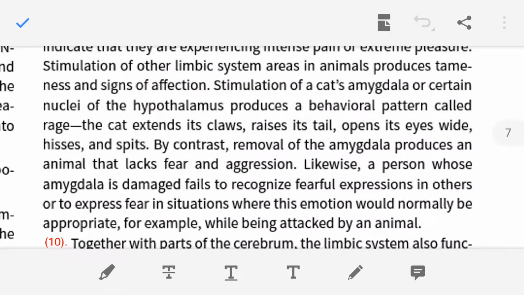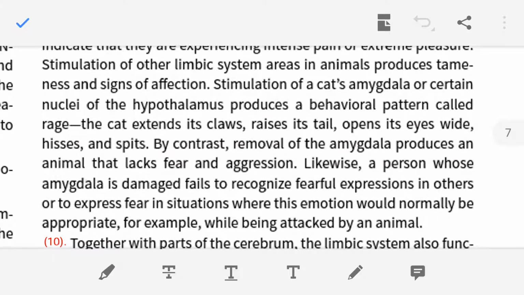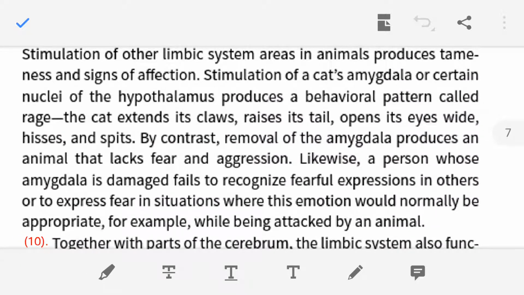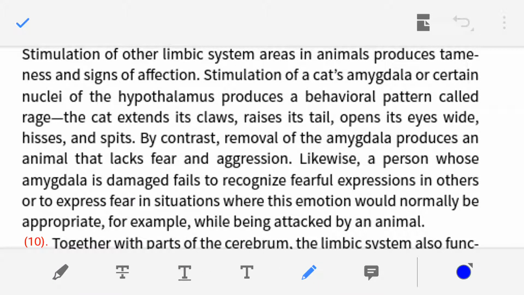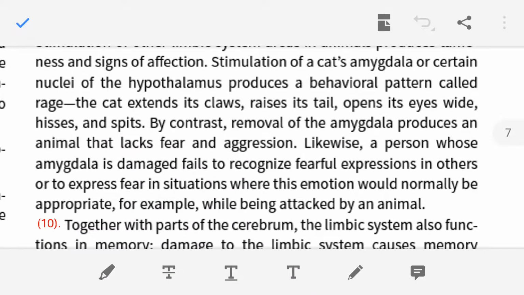So when the amygdala and the hypothalamus were stimulated, the cat was angry. That is the meaning of this. So the cat was hissing, then spitting, spitting forcefully, throwing out saliva from the mouth.